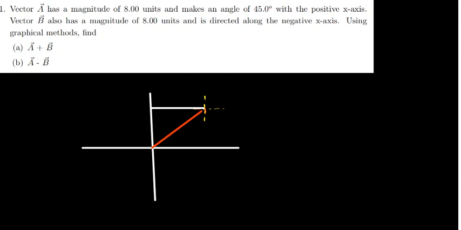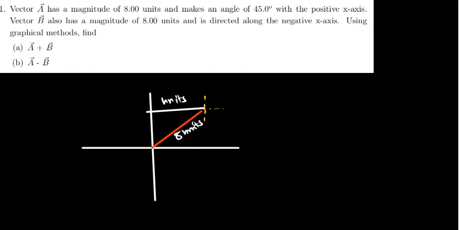Only that I don't have the ruler. But this one has to be 8 units. You get my point, right? If you're using the graphical method, basically it's just a rough sheet, but that's why they say use a graphical method. Even this one has to have the same units.